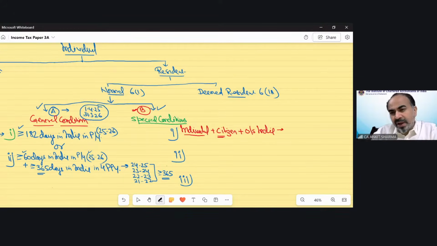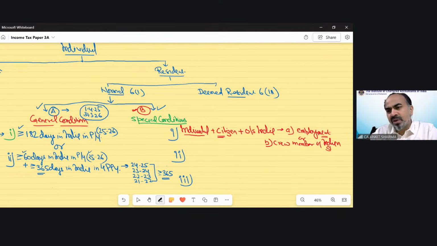If you got a job and you are going outside India for employment purposes, or if you are going outside India as a crew member of an Indian ship, like the merchant navy, not as a tourist but as an employee or crew member.